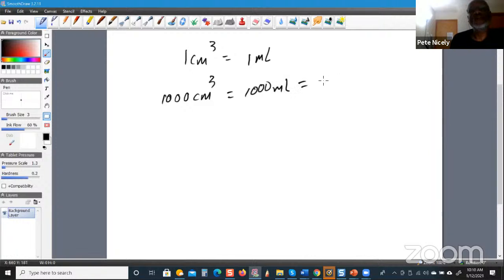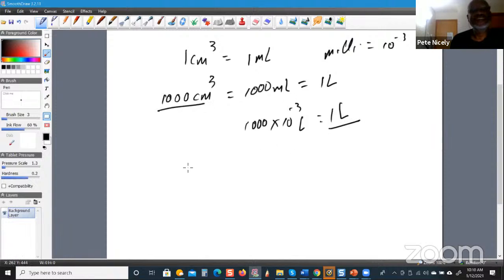That is equal to 1 liter, because milli represents 10 to the minus 3. So therefore, 1,000 times 10 to the minus 3 liters would be equal to 1 liter, all right? So that's one relationship we can establish, the relationship between the centimeter cube and the liter unit, all right?